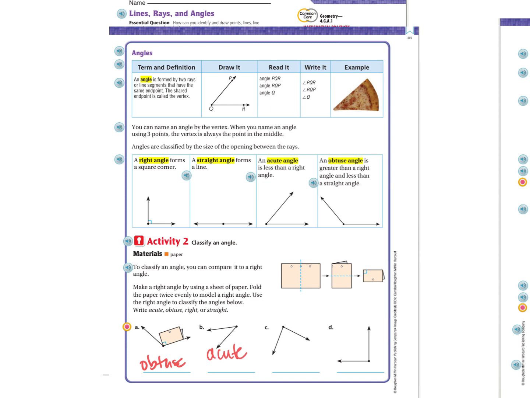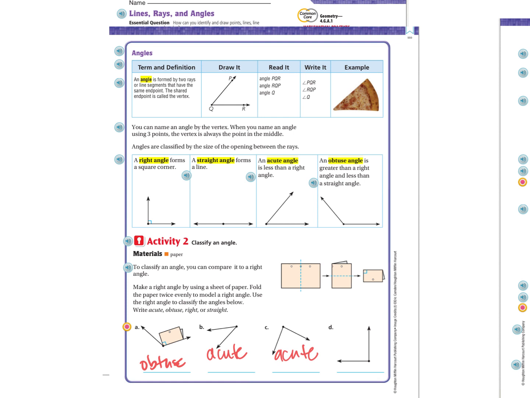Okay, let's do it with letter C. Take your corner, put it in the corner of the paper. Close. Oh, it's close, but it's what? Acute. It's still acute. It's too small. It doesn't fit just right. Acute.